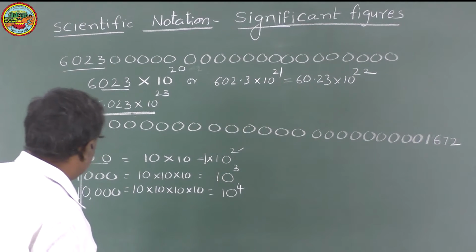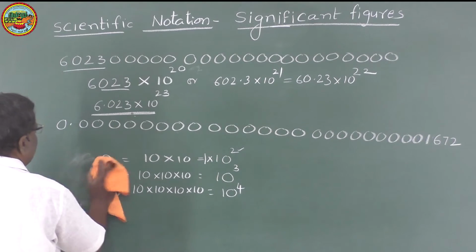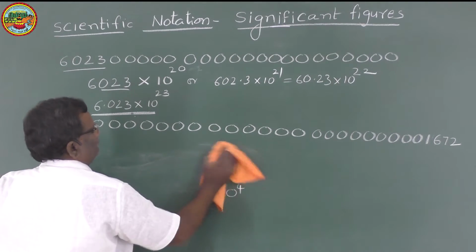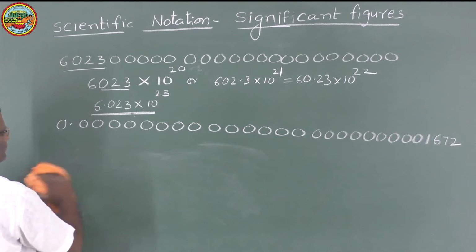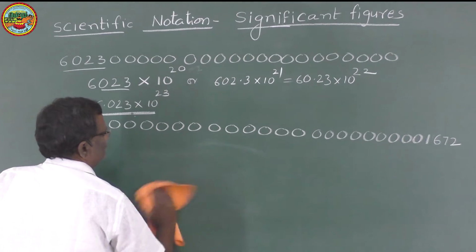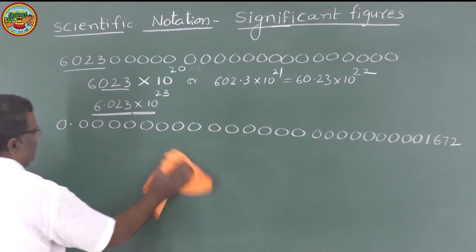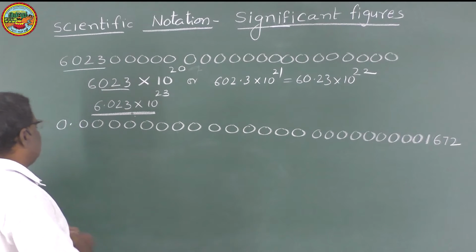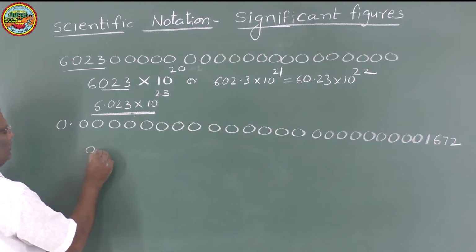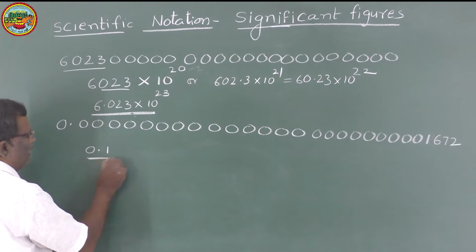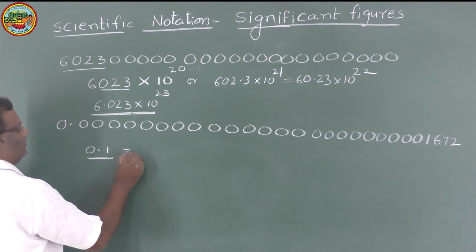Similarly, small numbers can also be written like this. For example, if there is 0.1, 0.1 is nothing but 1 by 10.